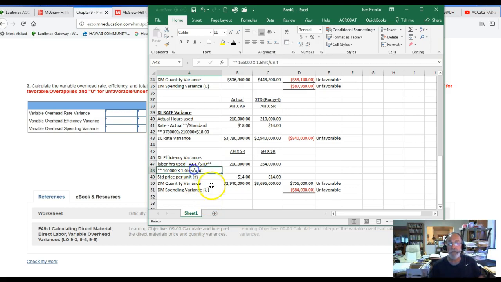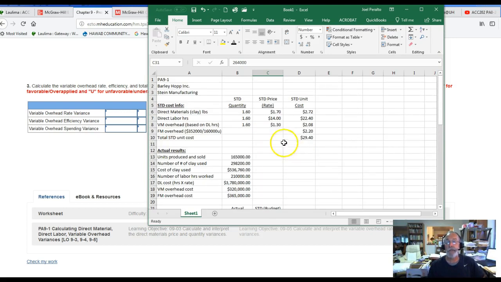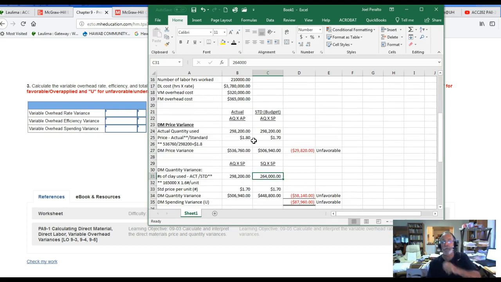So 165,000 units produced, and our standard number of hours per unit is 1.6, so 165 times 1.6, our standard number of hours would have been 264. It's the same number as up above for pounds, but it just so happens to be the same because the number of pounds of clay per unit is 1.6 and the number of direct labor hours per unit is also 1.6. Okay.